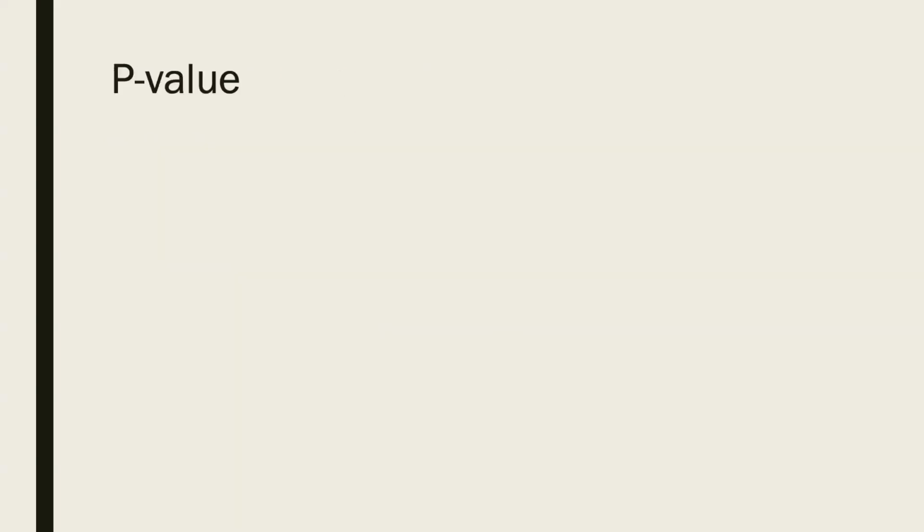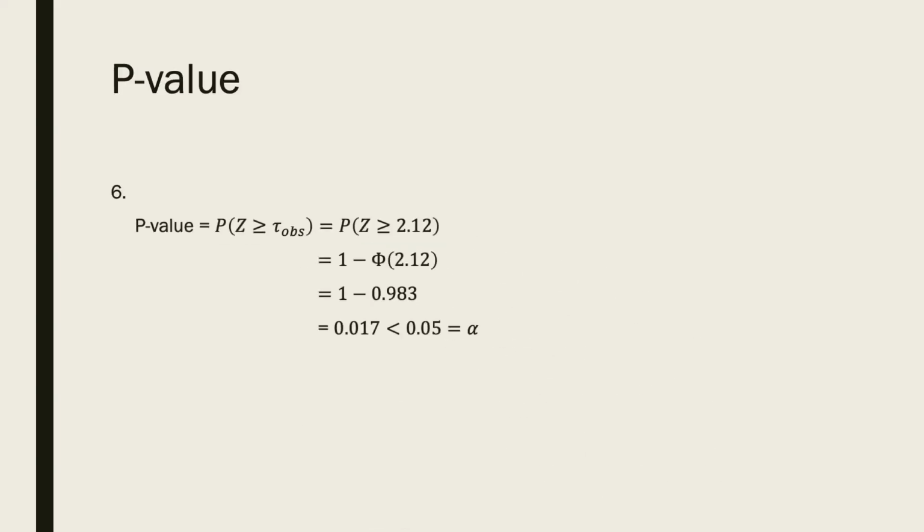So the p-value is, because we know that it follows a standard normal distribution, we just plug into it, and we get our p-value of 1.7%, which is lower than 5%, which is our significance level.